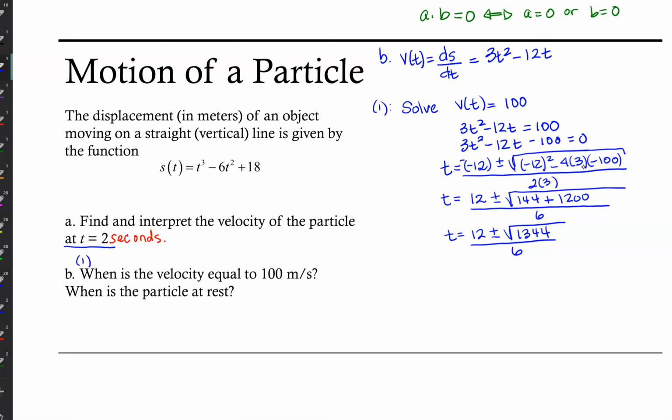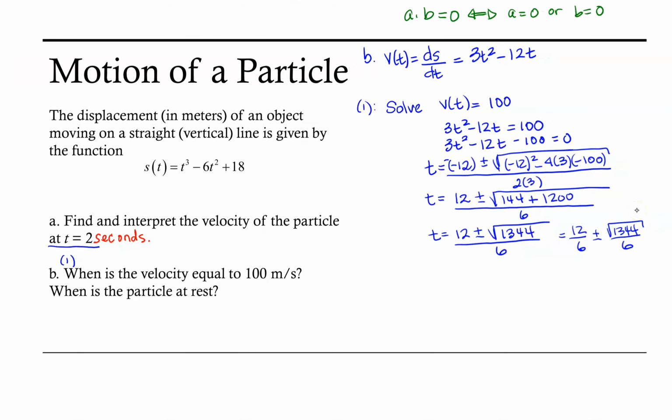This leads us to separating our numerator. We can rewrite this as 12 over 6 plus or minus the square root of 1344 over 6. Now we're going to take advantage of the fact that 1344 can be factored as 64 times 21.